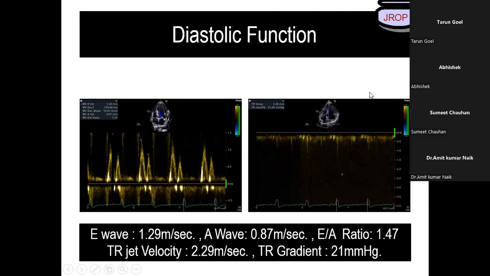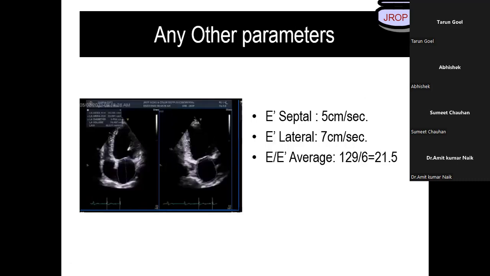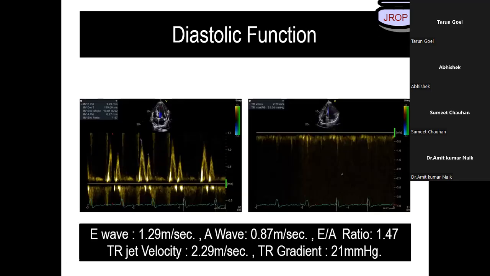E prime septal 5, lateral 7, average E/E prime 21.5, LA volume 44.61 ml. Can I see the previous slide? Sure. You can write it down on a piece of paper, and I'll give you 1 or 2 minutes. You have to tell me what kind of diastolic function it is.